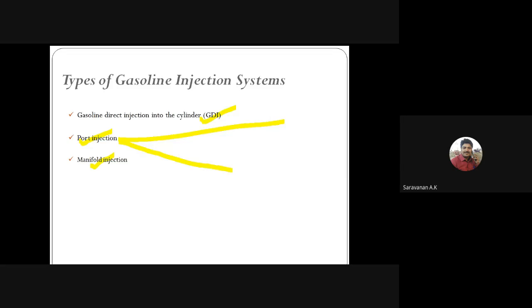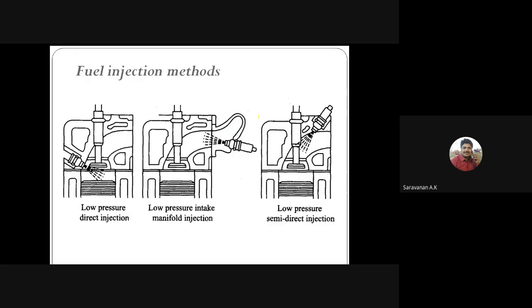Now we can look at them one by one. These are the fuel injection methods.